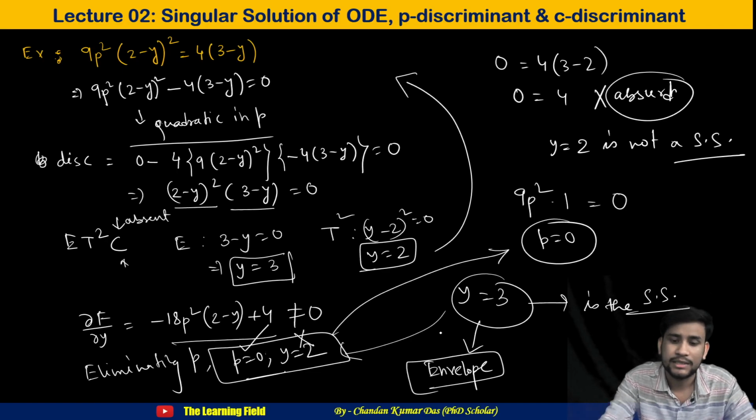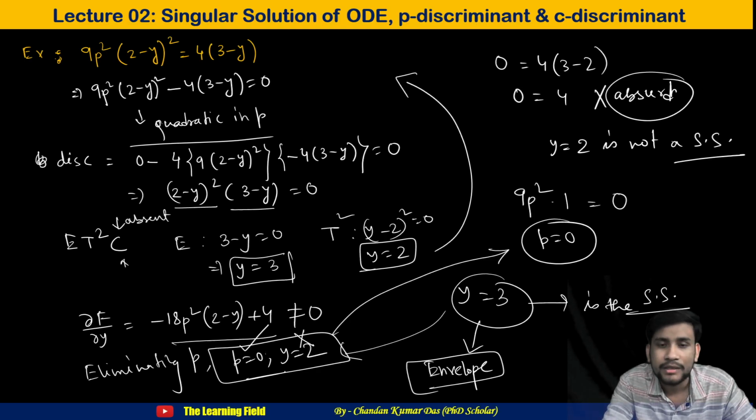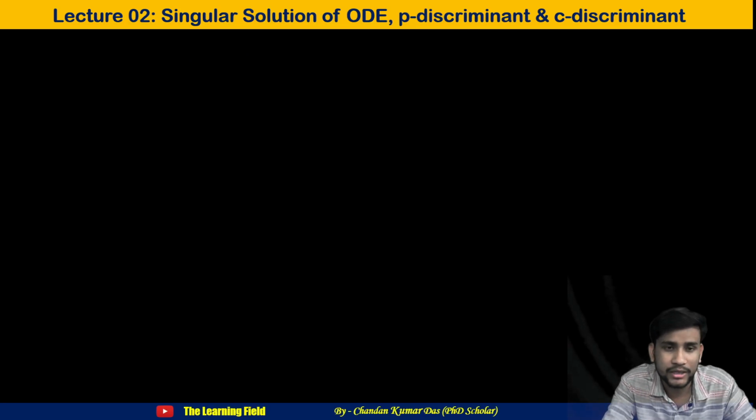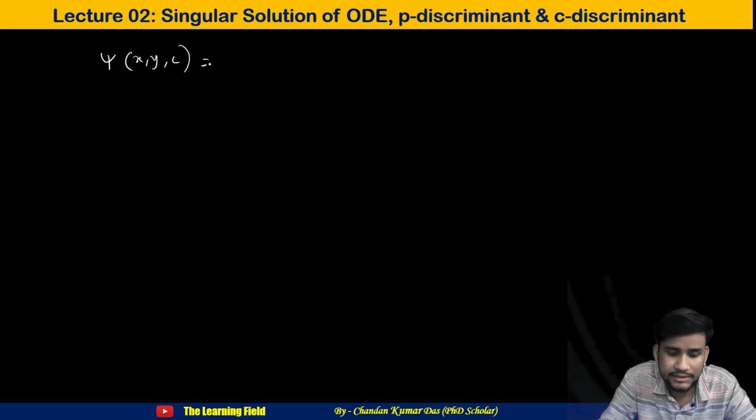Therefore, y equal to 3 is the envelope, that is our singular solution. Now we check with the C-discriminant method. We see that this equation is a differential equation in Clairaut's form. So what is the solution? The solution is psi x y c equal to x plus c whole square.